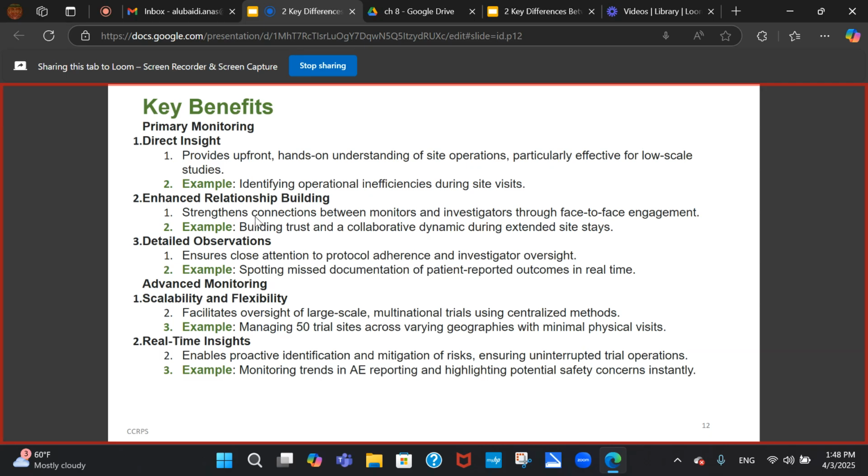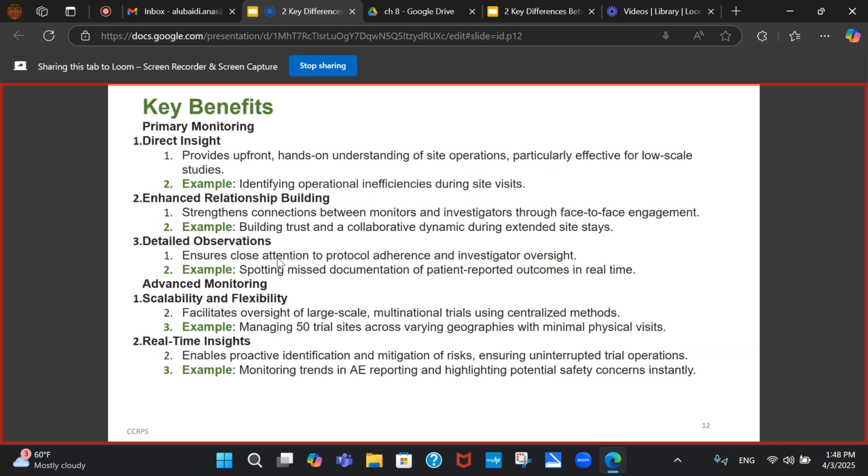One of the key benefits of primary monitoring is strengthening the connection and the communication. Why? Because face-to-face engagement is being applied. As an example here, building trust and a collaborative dynamic during extended site stays.